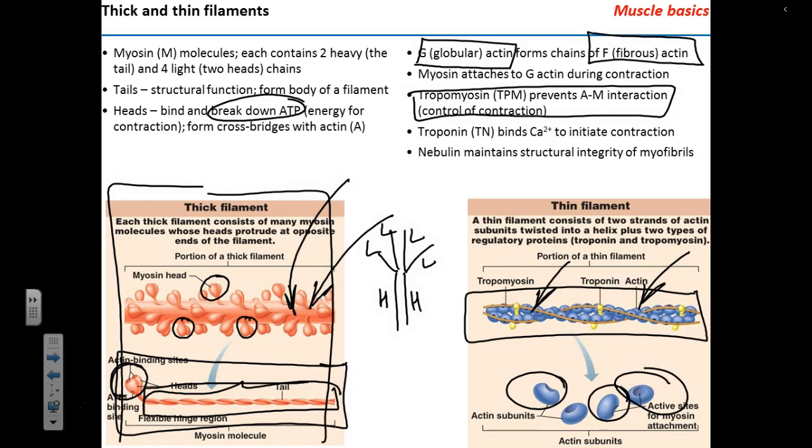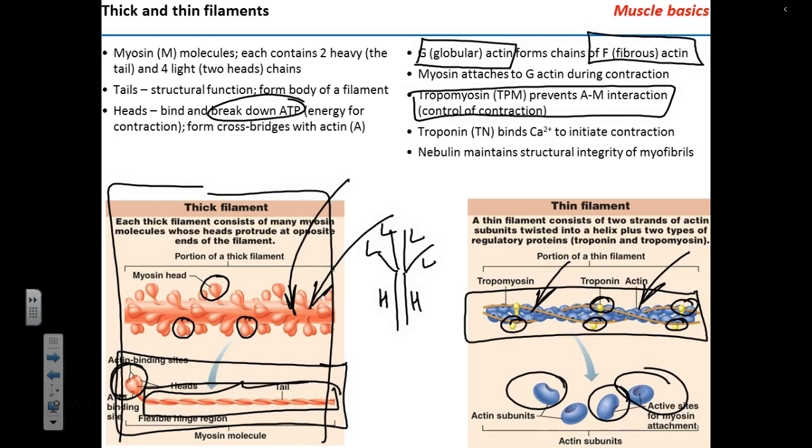And troponin, those yellow molecules, is the protein directly responsible for the initiation of the muscle contraction. It binds calcium. Does that make sense? And once it binds calcium, the entire contraction occurs.